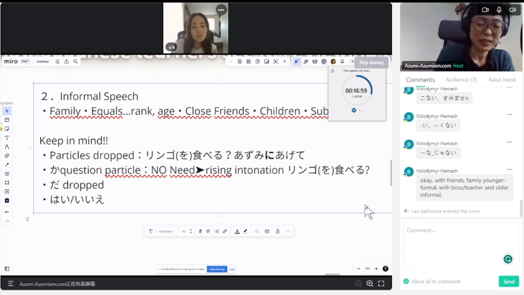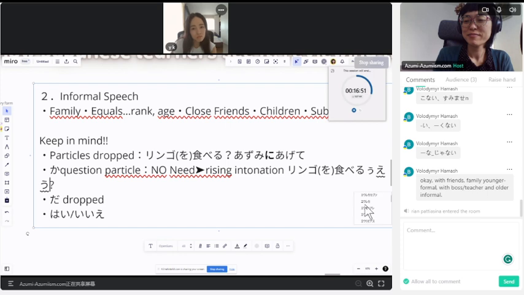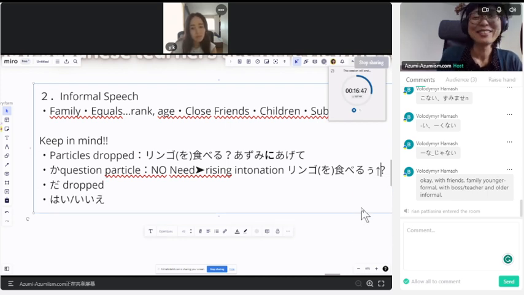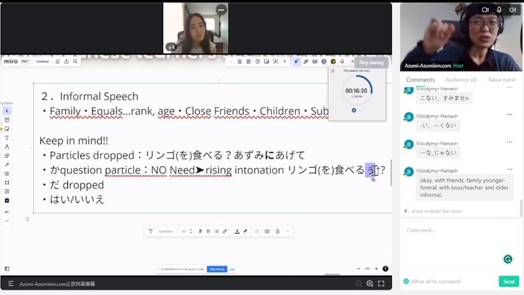You just speak the last syllable's vowel, which is the e of 食べる, and you extend it like this, going up. リンゴ食べる. 水飲む. テレビ見る. あずみさんのストリーミング見る. So we extend this vowel a lot to use rising intonation.